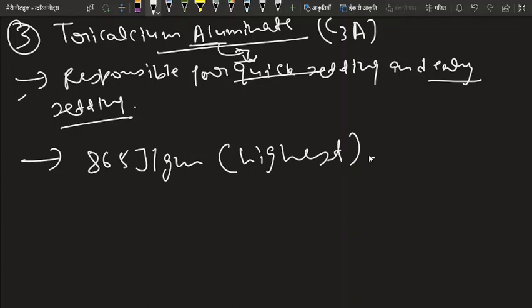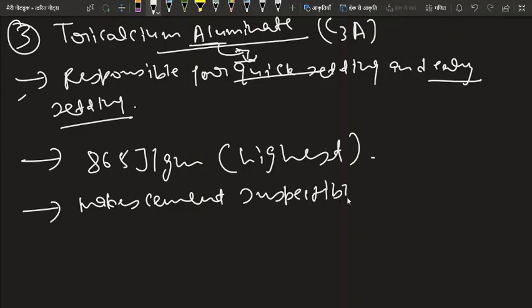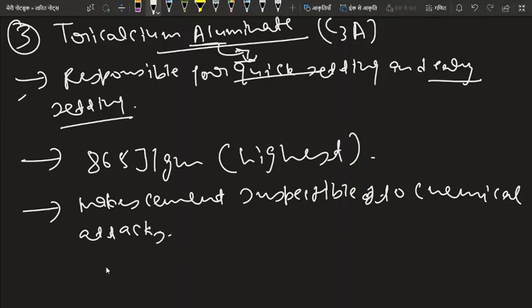Okay, and it makes cement susceptible to chemical attacks, or sulfate and phosphate attacks. Okay, and it is responsible for volume changes.